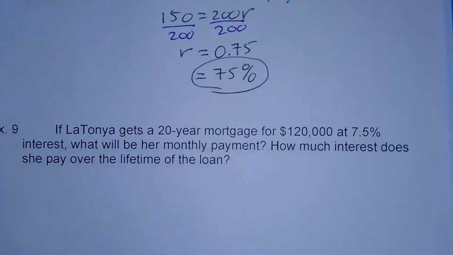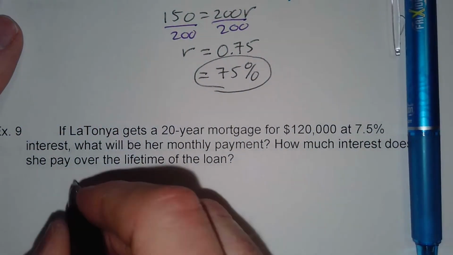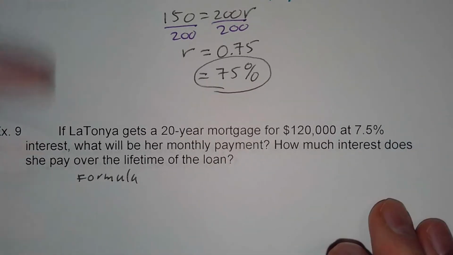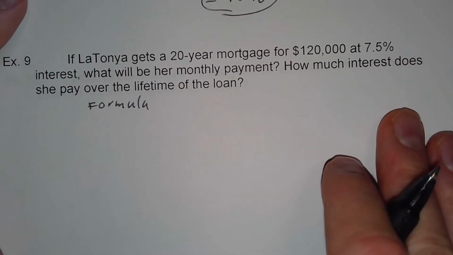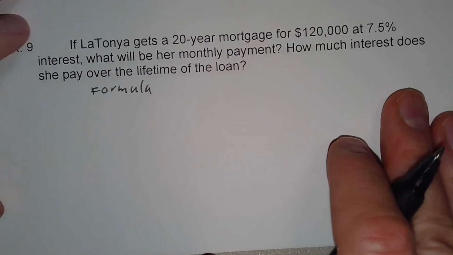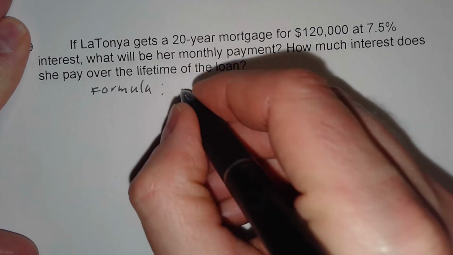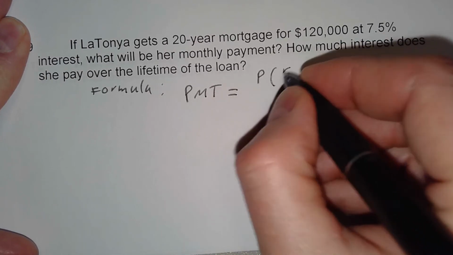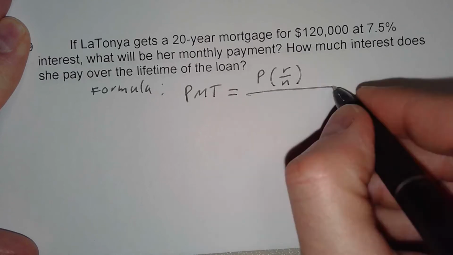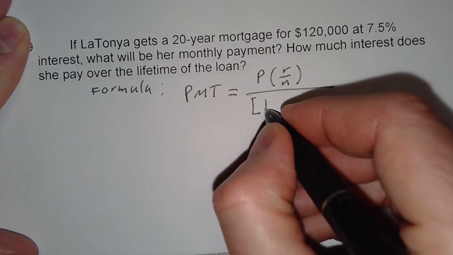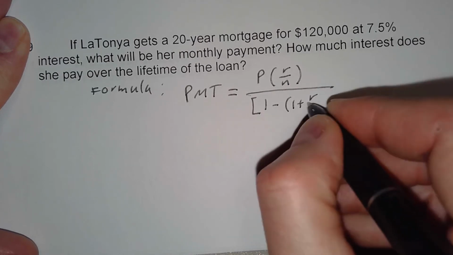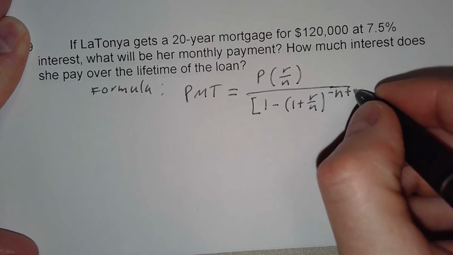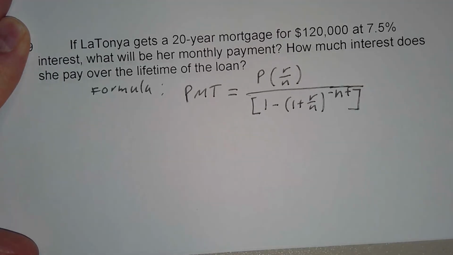So that's our formula we want to choose. It's always a good idea to double check to make sure you wrote down the formula correctly from the formula sheet.